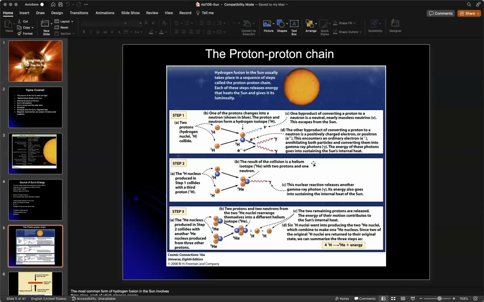One of the protons loses its positive charge in the form of a positron and becomes a neutral neutron, and we get this isotope of hydrogen, which is called deuterium, which is made.